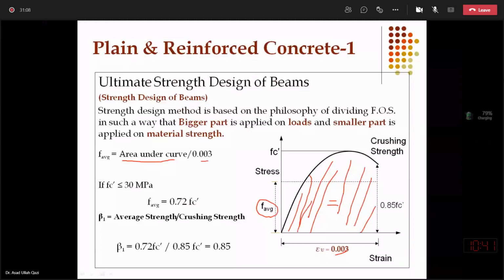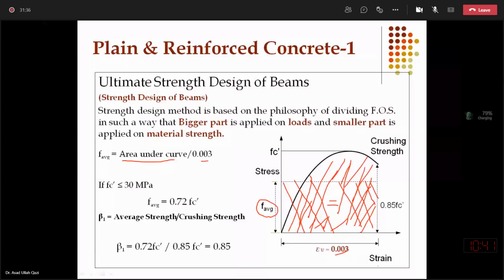When I got that by doing integration, I divided by 0.003. Once I divided by 0.003, I got the average value, which I am showing with hatching. So both are equal. F average is equal to the area under the curve divided by 0.003.